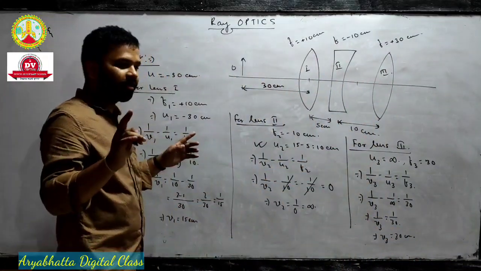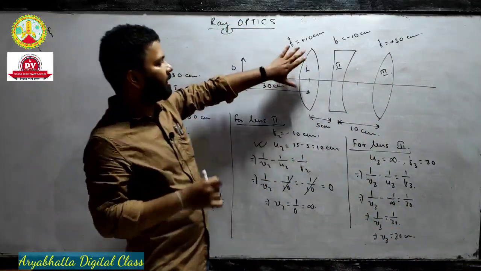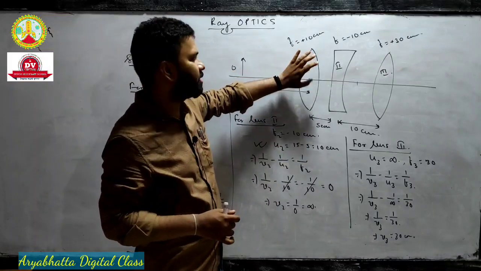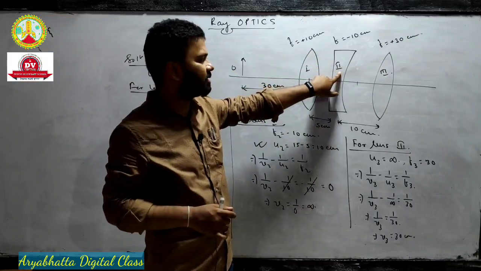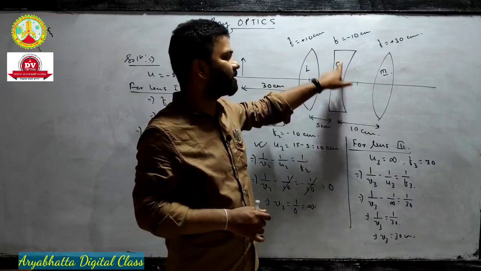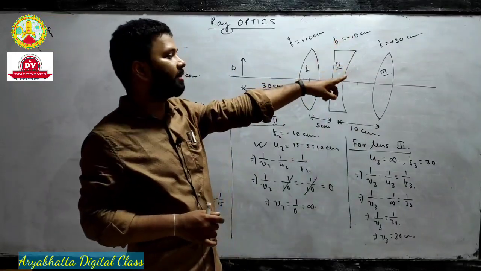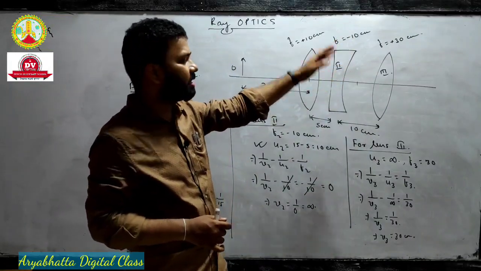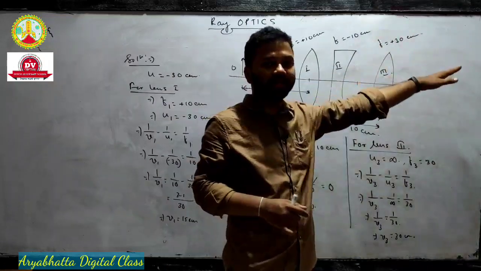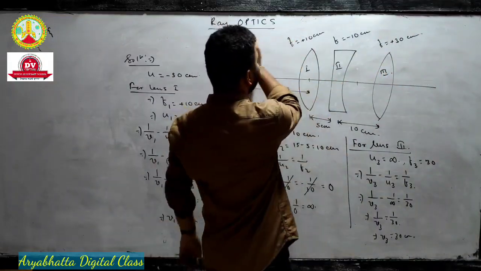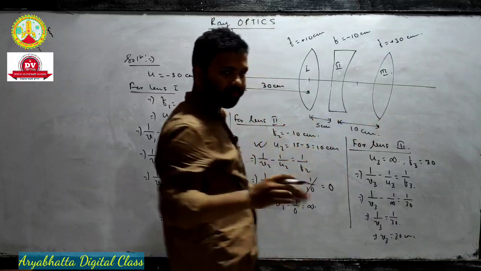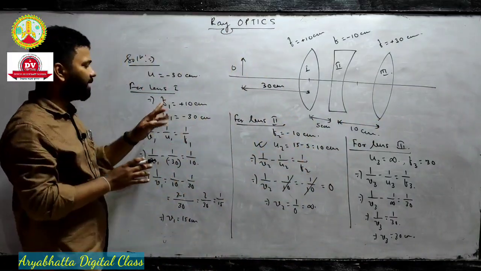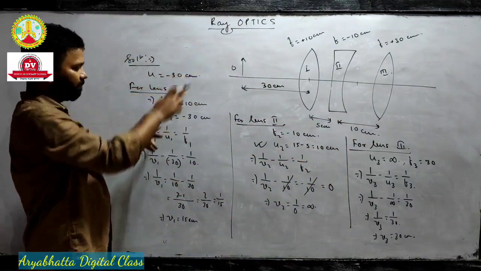Again, look at the steps. The image formed by the first lens will be the object for the second lens, and the image formed by the second lens will be the object for the third lens. The image formed by the third lens will be the final image of the entire system. U is equal to initially minus 30, F is equal to plus 10.